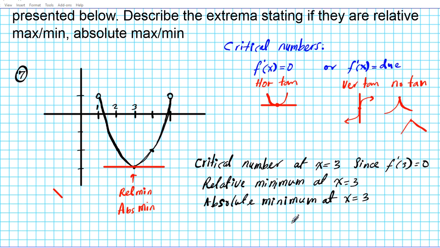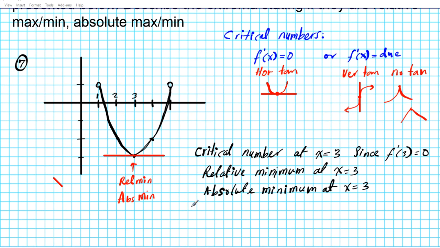Now, just a side point to note, one might argue, what about these endpoints right here? They're high points. Relatively speaking, they're maximums, right? But why didn't we include them as relative or absolute maximums? That's the question. So, side note, x equals 1 and x equals 5 are not extrema.